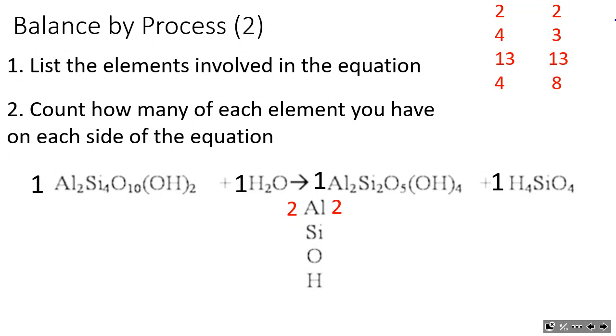How many silicons on the left? 3. Silicons? Not yet. 4 on the left, 3 on the right. Oxygens get a little harder to count. 13 on the left.